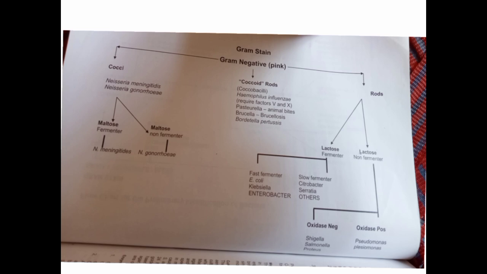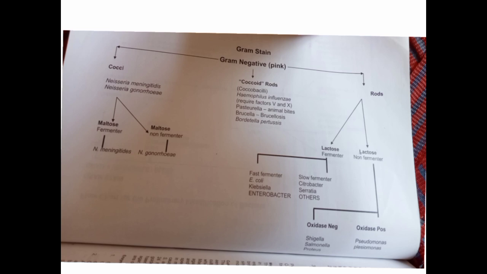The third and remaining last one is the gram-negative coccobacilli, which may be found in round shape or in rod shape. The first one is Haemophilus influenzae, which requires factors V and X. These are growth factors required by Haemophilus influenzae. Then Pasteurella, Brucella, and Bordetella pertussis.